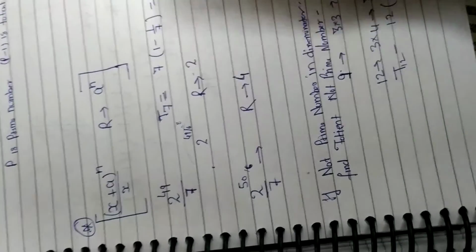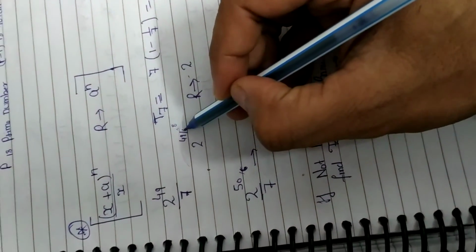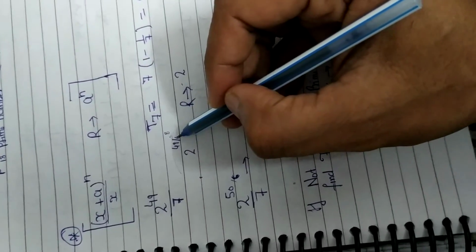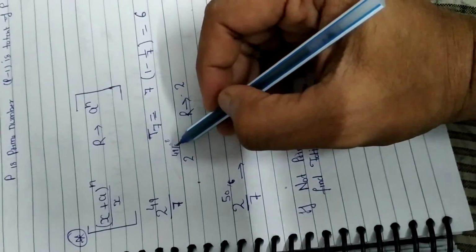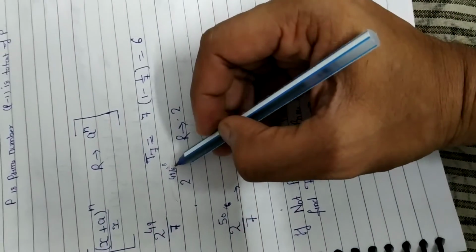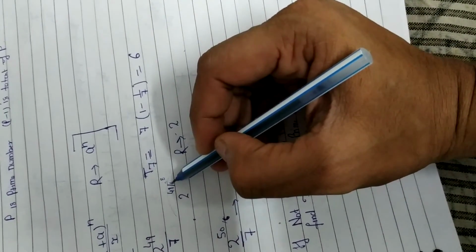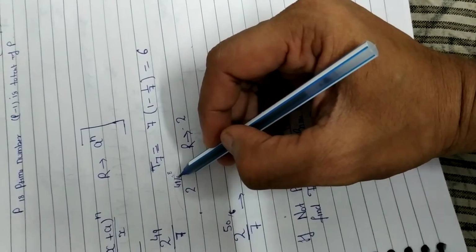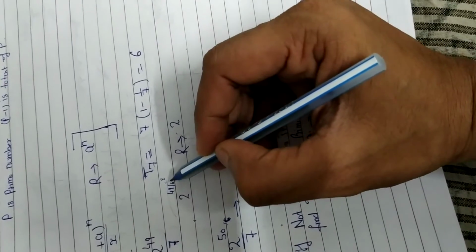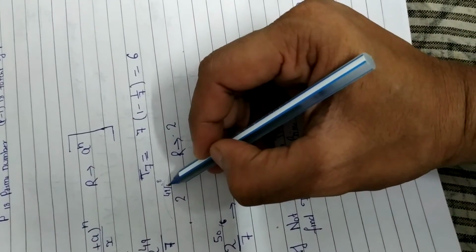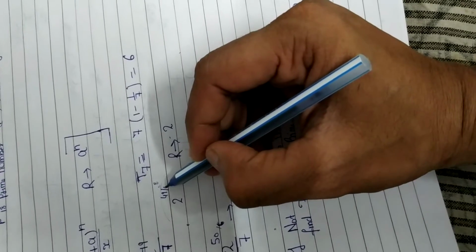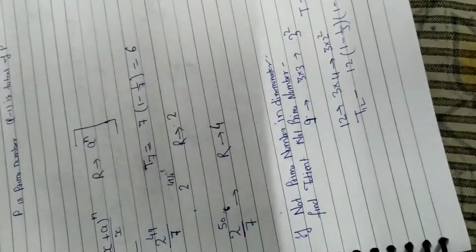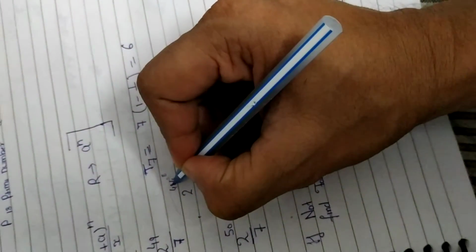The totient is 6, so we divide 49 by 6. 6 times 8 is 48, so the remaining is 1.